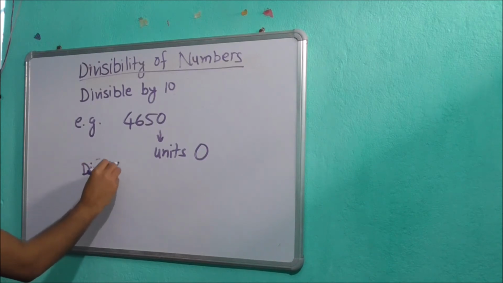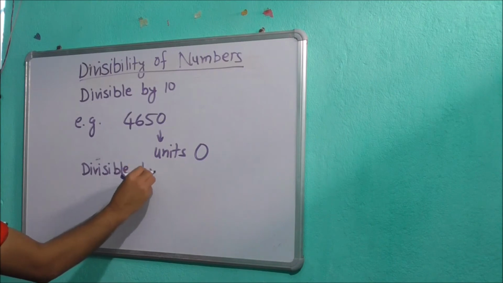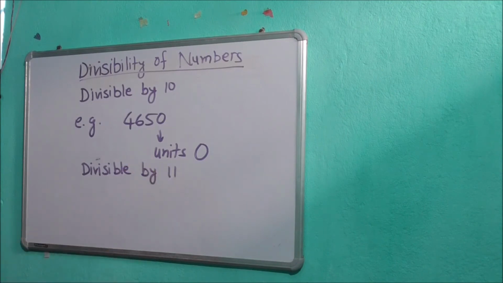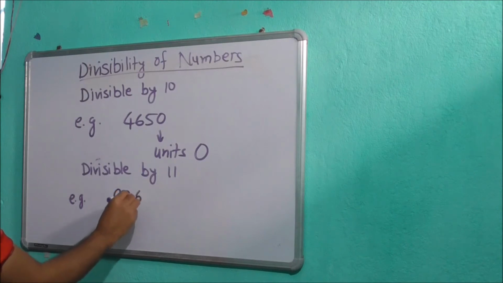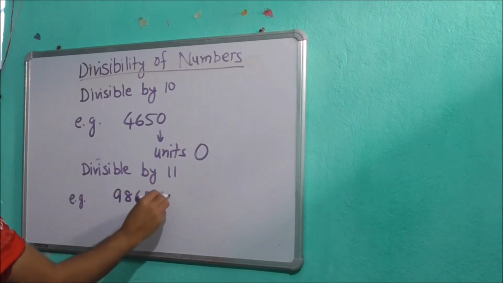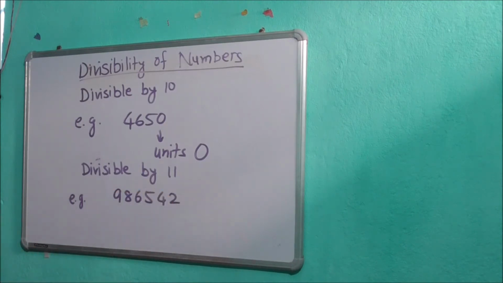Now let's see whether a number is divisible by 11. So this is a bit complicated. Here what we need to check is, let's take an example: 986542.